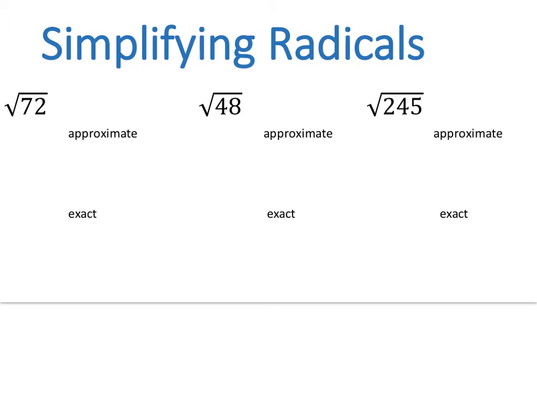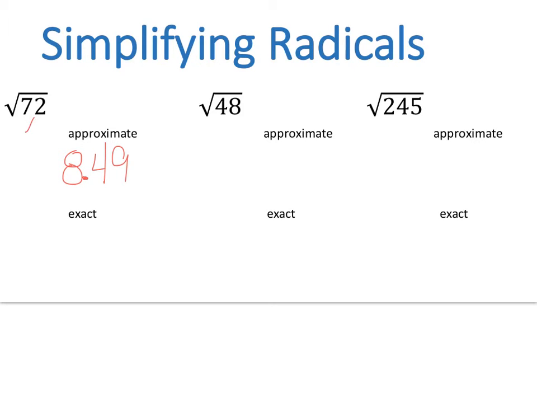Our first example is the square root of 72. So to get my approximate answer, I just need to type in the square root of 72 in the calculator. And when I round it to 2 decimal places, I get 8.49. The exact answer is when I use the factor tree.